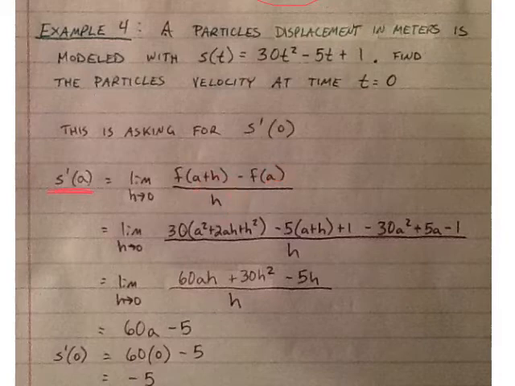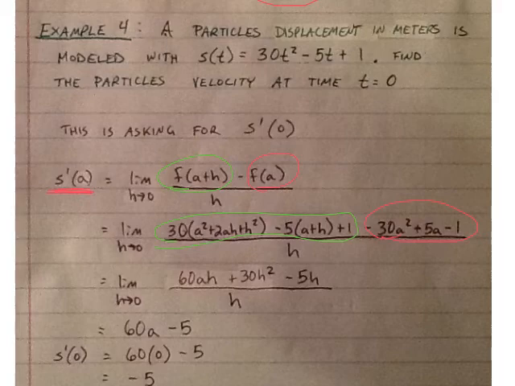So I plug that in, 30 times a plus h squared minus 5 times a plus h plus 1. So there's the first piece, f of a plus h, and then we subtract from that f of a. I did all the canceling off screen, but in the end we wind up having 60ah plus 30h squared minus 5h all over h.